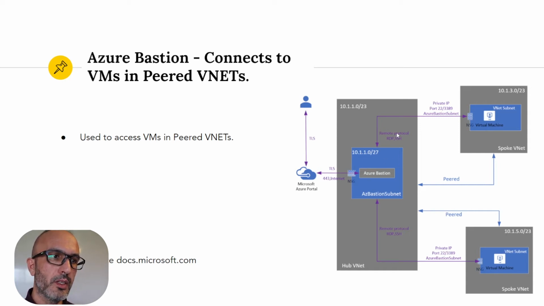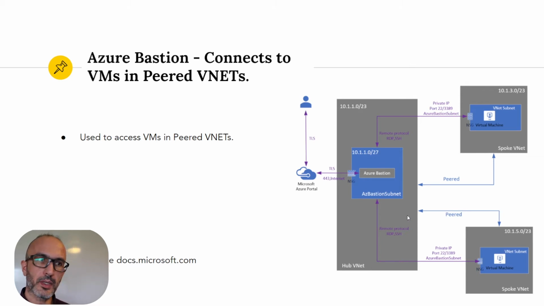In looking at this case, we have a VNet that we call the hub VNet, and then we have other VNets that are called spoke VNets. Those VNets have pairing with the hub VNet. So we have virtual machines that live in the spoke, and those virtual machines with their VNet are paired to the hub VNet.